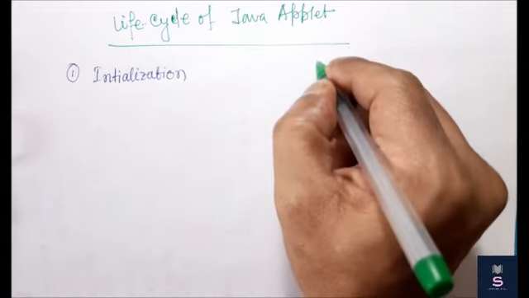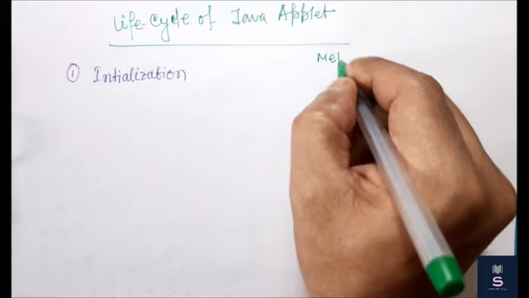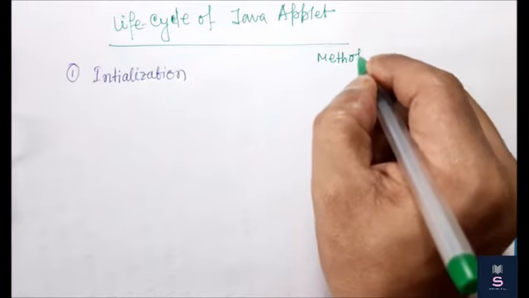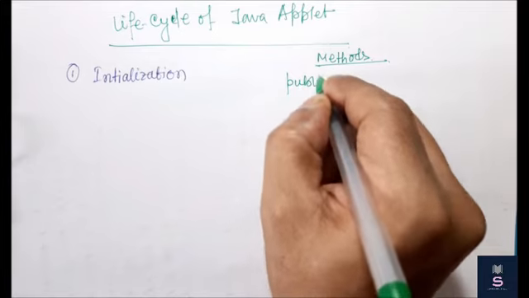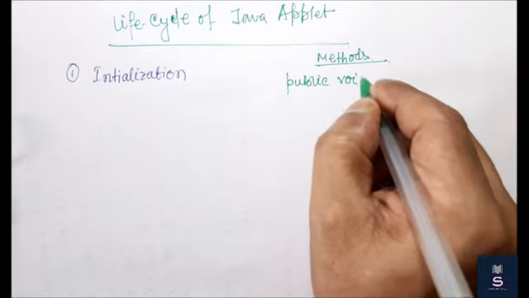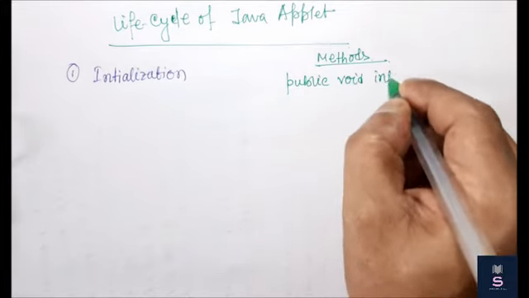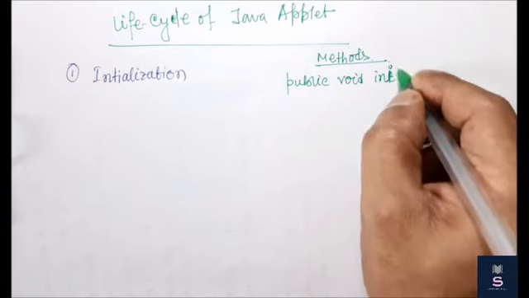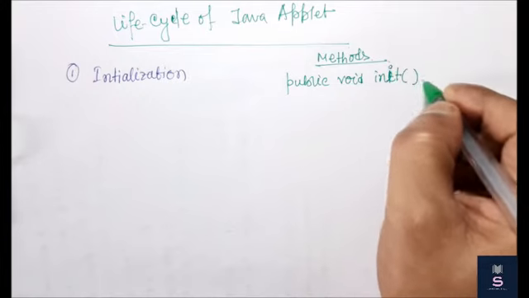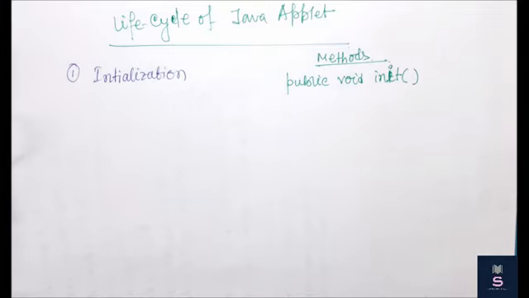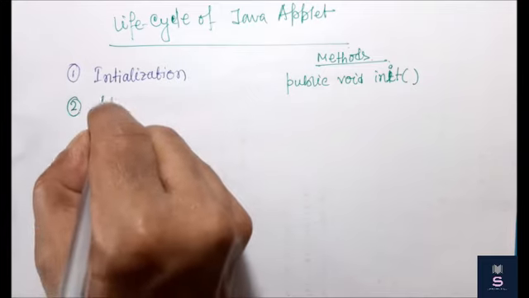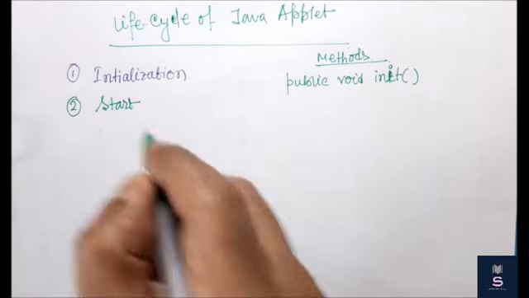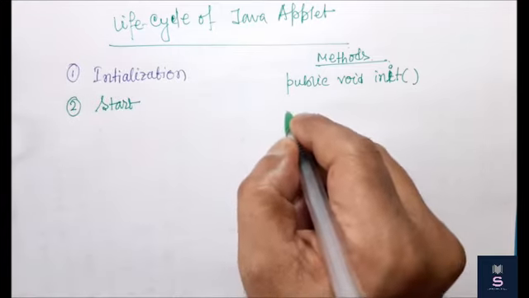So I am writing the method name also for each of the step methods. This public void init method is very, very important because this is the first method we have to call. And second is start, and the name of the method is public void start.